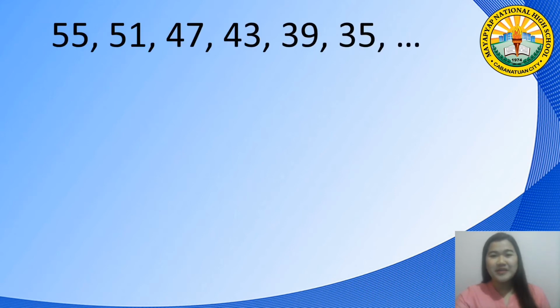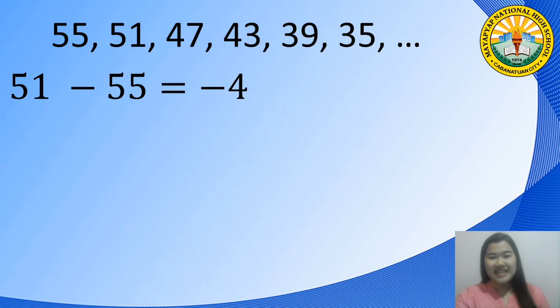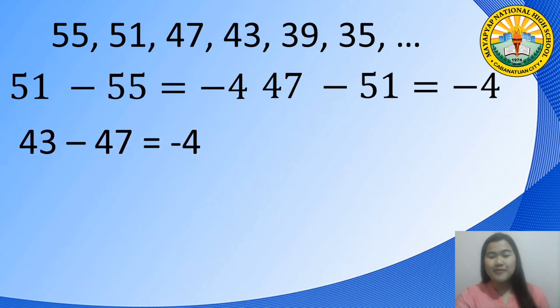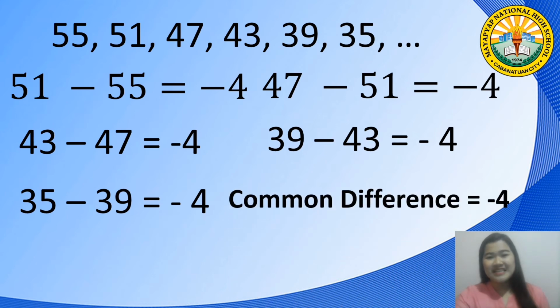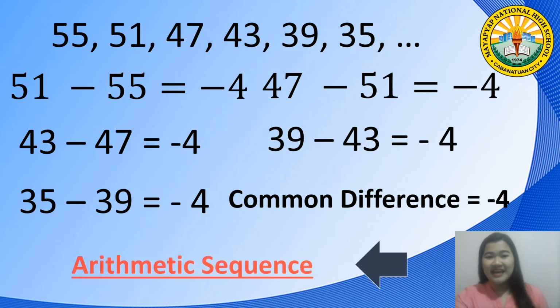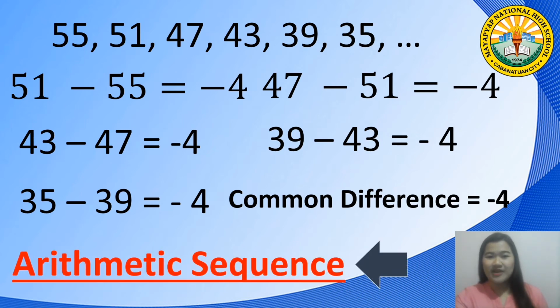If you observe, you will see that 51 minus 55 equals negative 4. 47 minus 51 is equal to negative 4. 43 minus 47 is equal to negative 4. 39 minus 43 is equal to negative 4. And 35 minus 39 is also equal to negative 4. We can clearly see that it has a common difference of negative 4. So we can say that it is an arithmetic sequence.